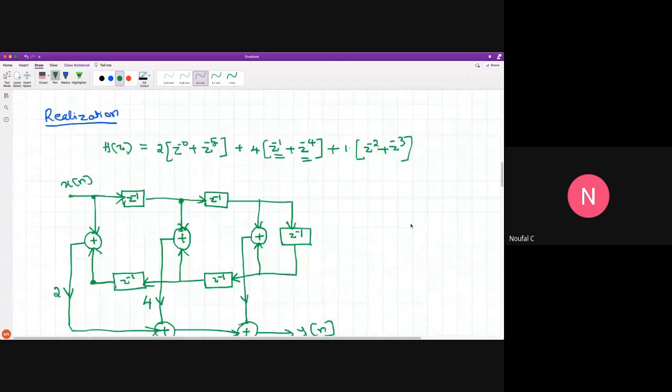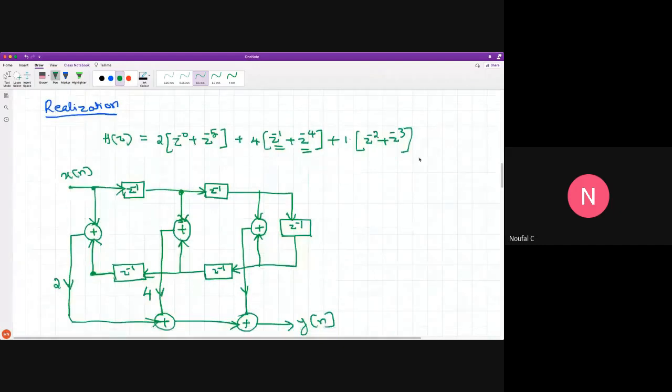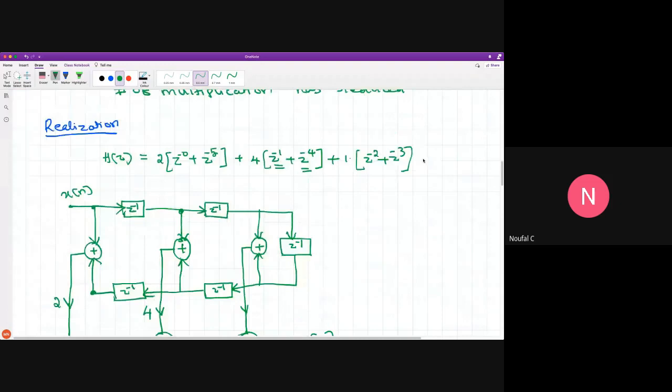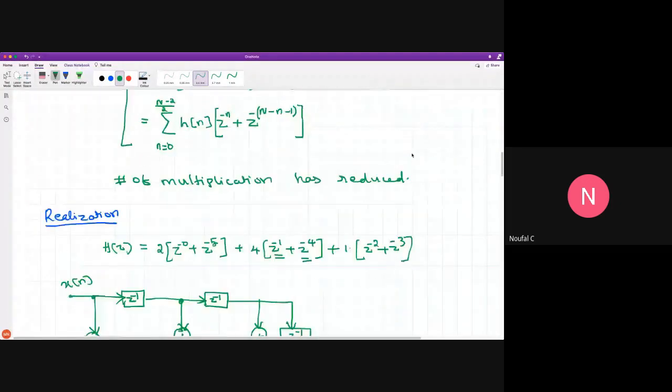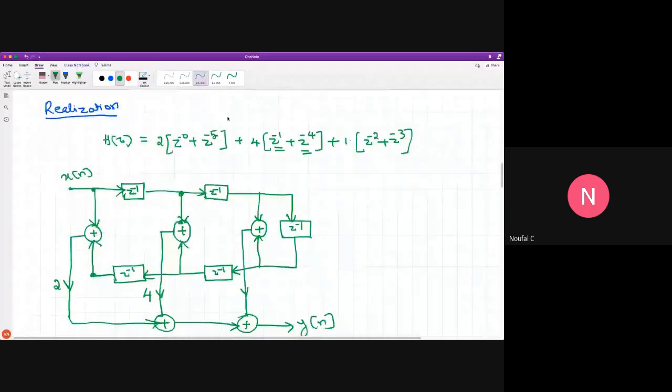Okay, and let me know if you have finished it. So you can start, or you just draw this realization structure into your notebook. You just need this realization equation, then you just draw this structure also.